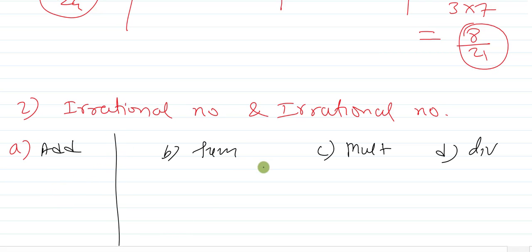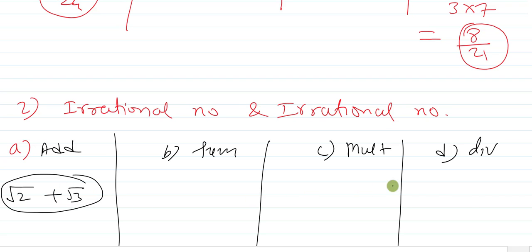So let me make it a column. If we add two irrational numbers, the best example will be root 2 and root 3. What will be the answer? It will also be an irrational number, right?